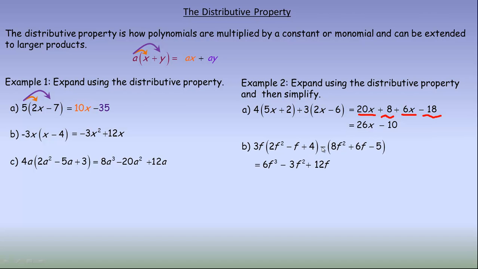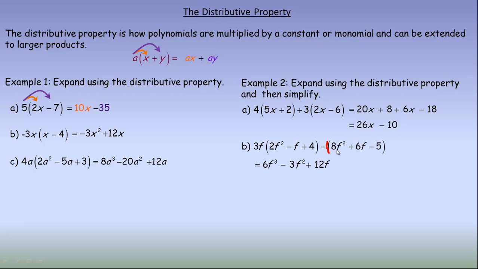Now, when there's just a subtraction sign here, it's like there's a negative 1 right here. And so that negative 1 is going to get multiplied by all the terms here. Now, when you multiply anything by negative 1, it really just changes the sign.